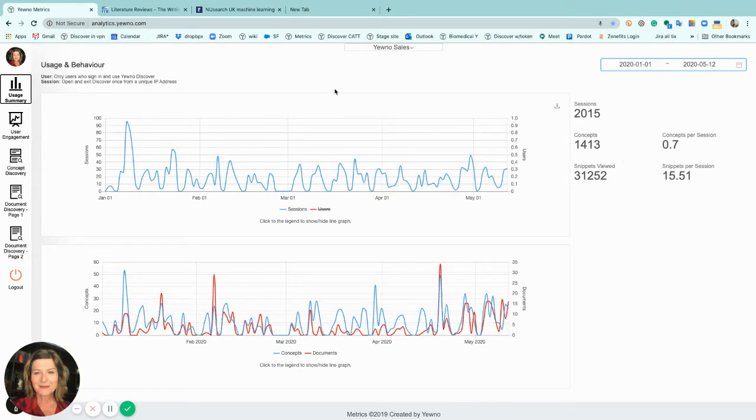Let me explain sessions and users to you. Each unique user that signs in to a Yewno Discover session will be measured. That's why we encourage all Yewno Discover users to create an account so that they can be counted. If not, it's just each time there is a login to Yewno Discover.